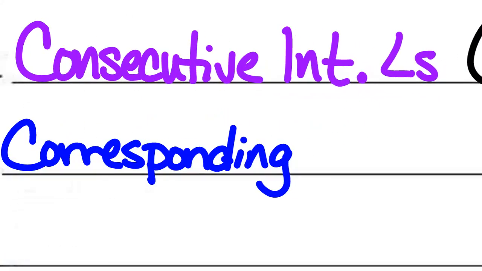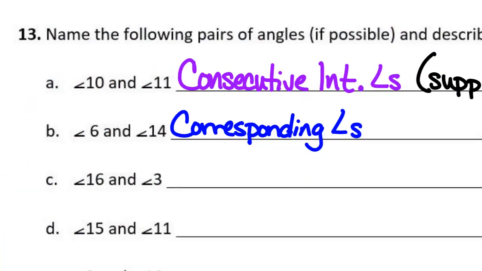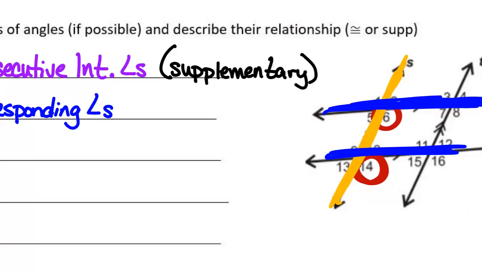When they are on the same side of the transversal, they're either both going to be interior, so consecutive interior, they're both going to be exterior, so consecutive exterior, or we're going to have one of each, same side of the transversal, but one interior, one exterior, matching corners, corresponding. Those are the only possibilities. Are corresponding angles congruent or supplementary?